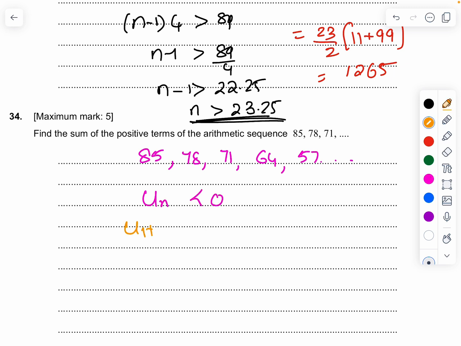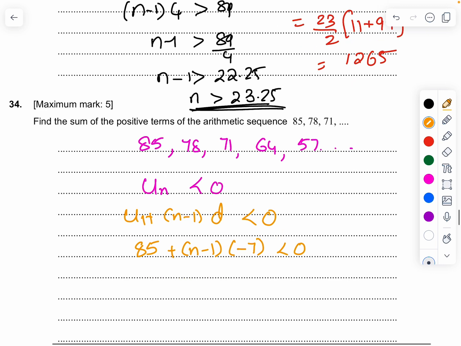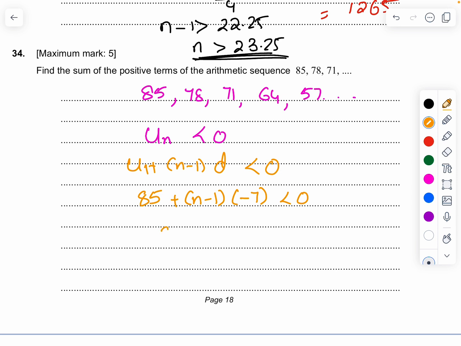So, u1 plus n minus 1 times d is less than 0. So, what does that become now? u1 is 85 plus n minus 1 times d, d is negative 7, is less than 0. Then what do I get? 85 is less than 7 times n minus 1.